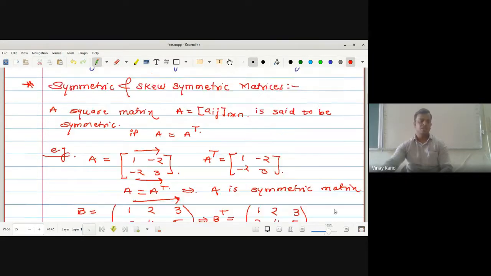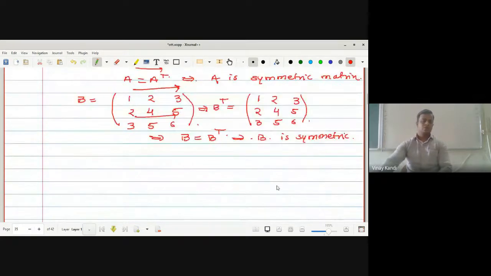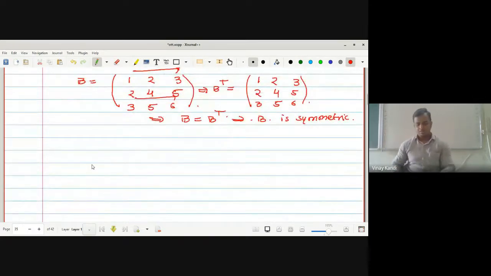So this is the definition of symmetric matrices and the examples. Now, what is a skew symmetric matrix?